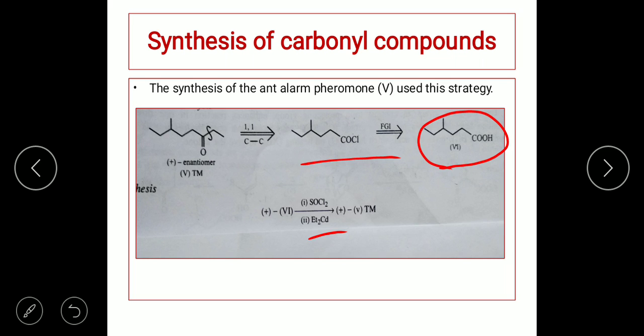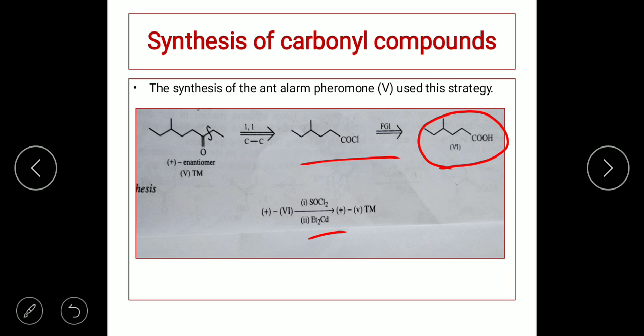Here the first step would be the reaction of the carboxylic acid with thionyl chloride. We know that the reaction of a carboxylic acid with thionyl chloride always gives rise to an acid chloride.